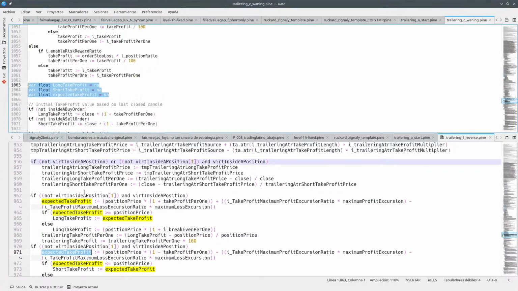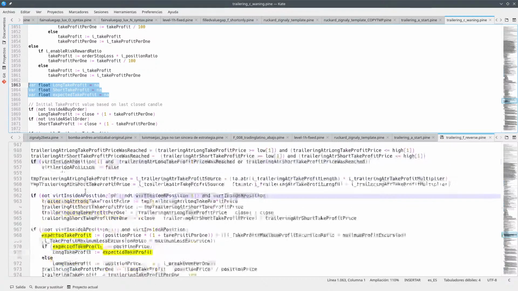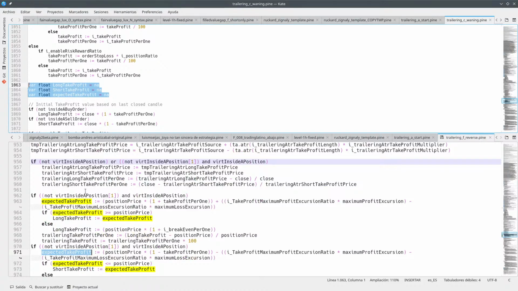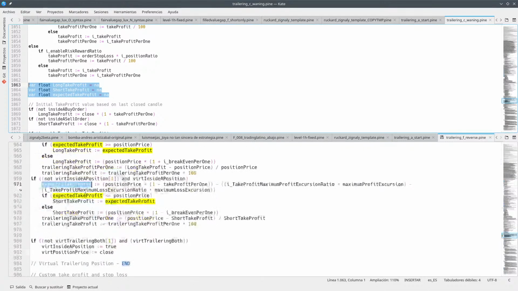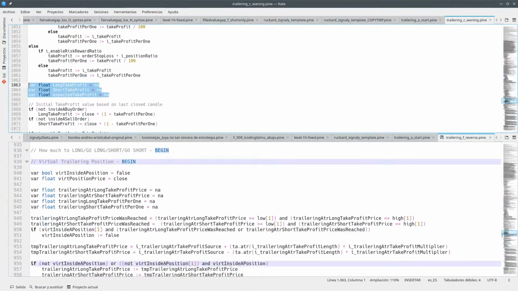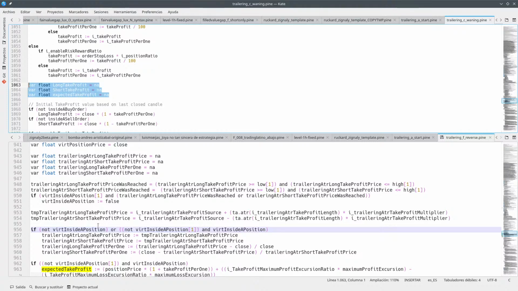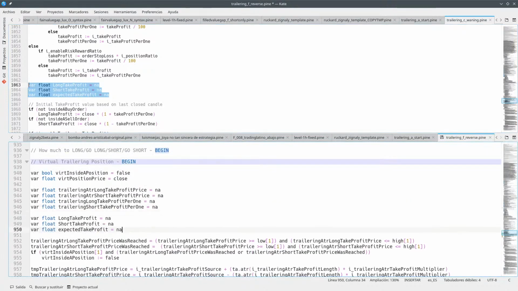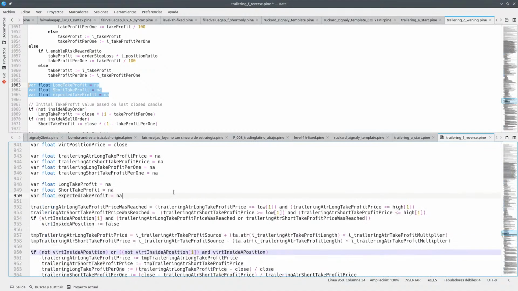Okay, so this is going to be here. Long take profit, short take profit. So the thing about take profit being reached needs to be done with another variable, which I will have to define here, otherwise you won't be able to reach this.